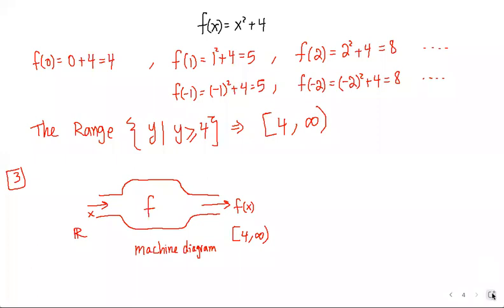Okay, let me give you another example. The example is to evaluate a function. My function is g of x equal to the absolute value of 2x plus 5.